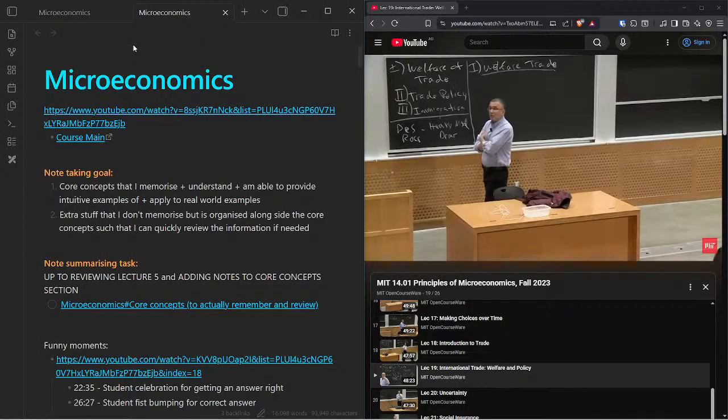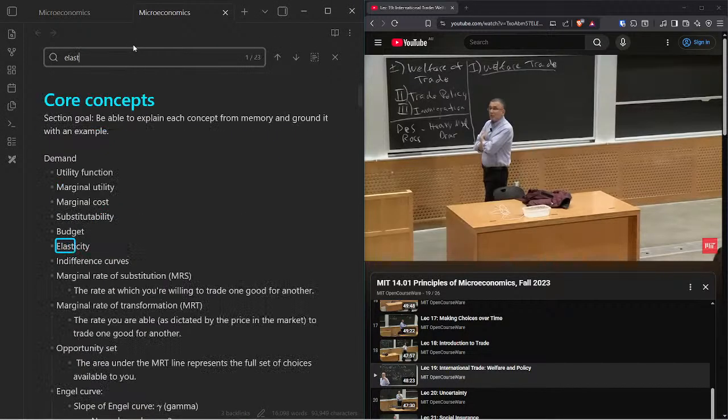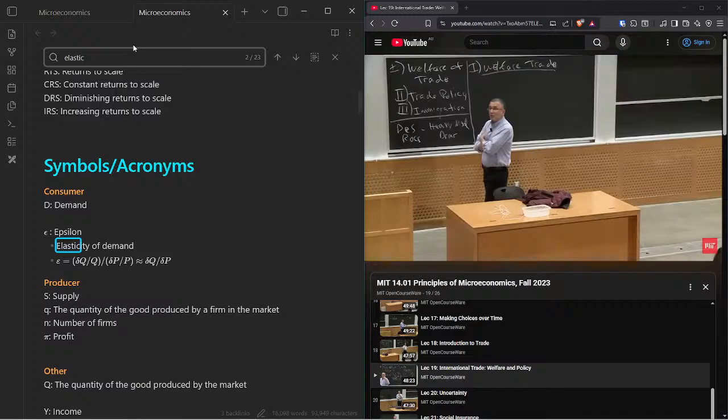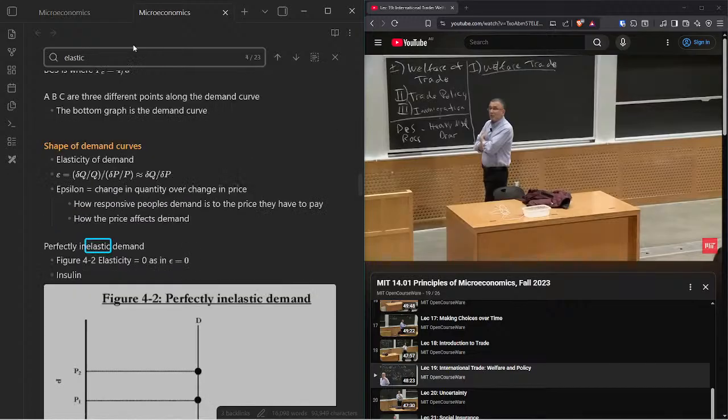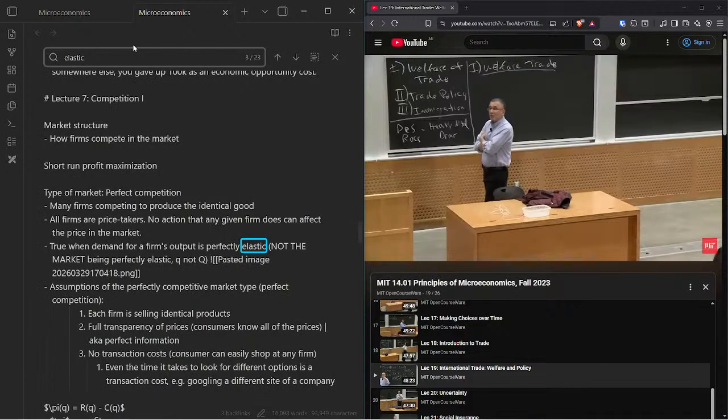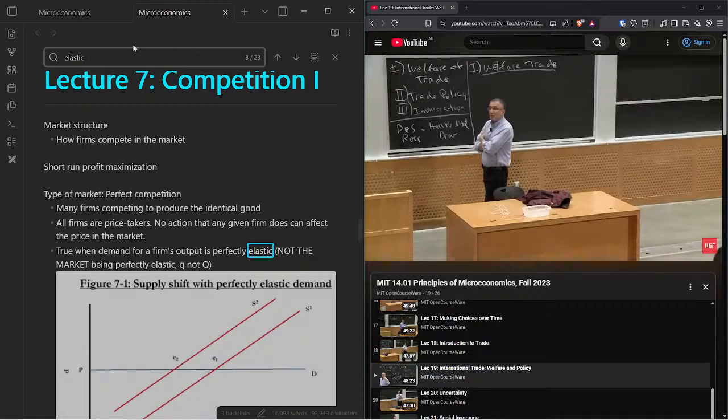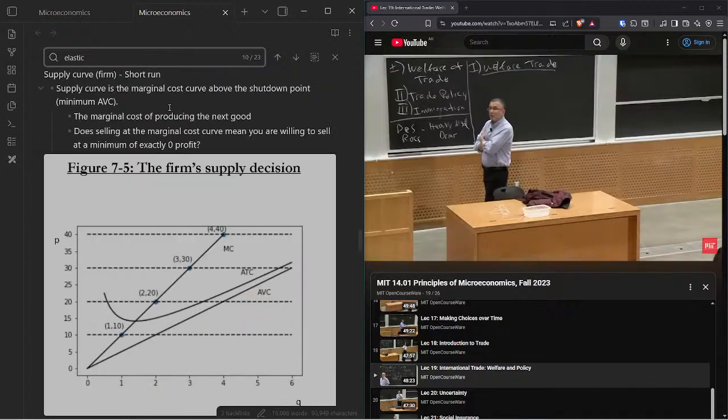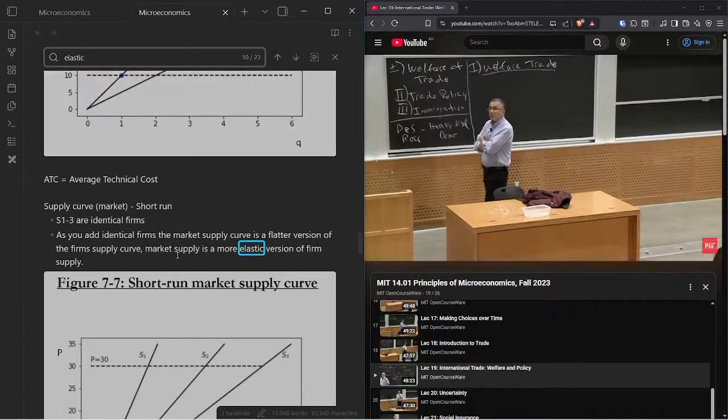Let me review elasticity of demand. But I only looked at elasticity of demand, not the market being perfectly elastic. Market supply is a more elastic version of firm supply.